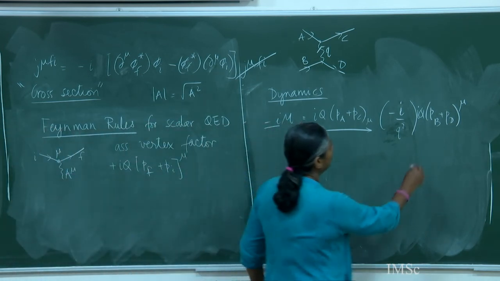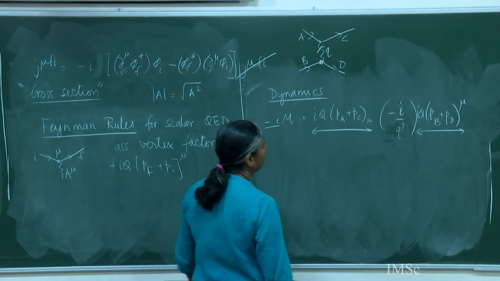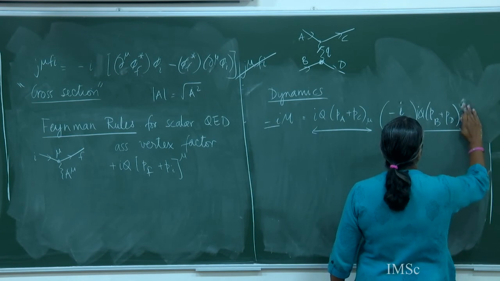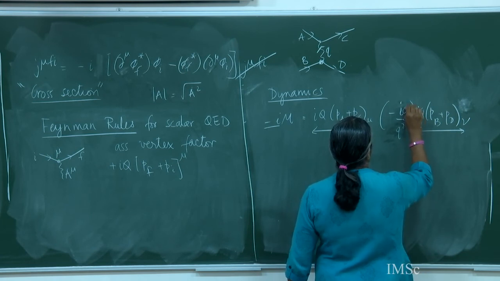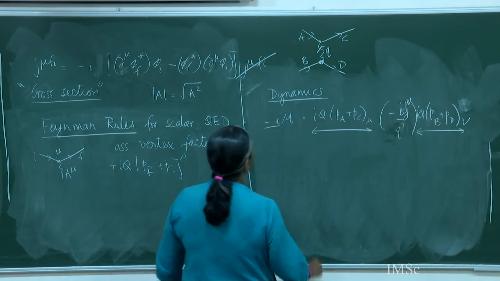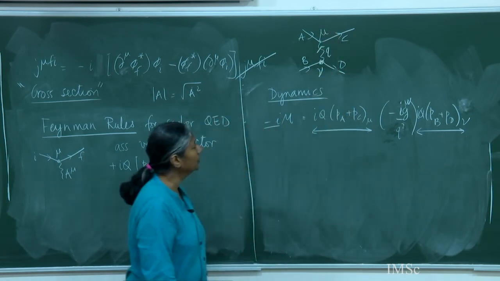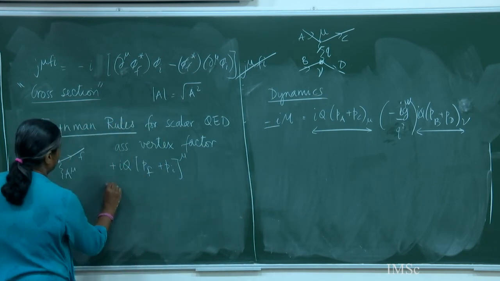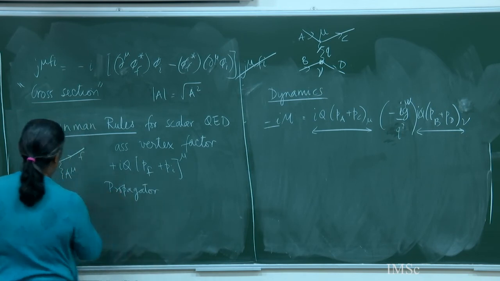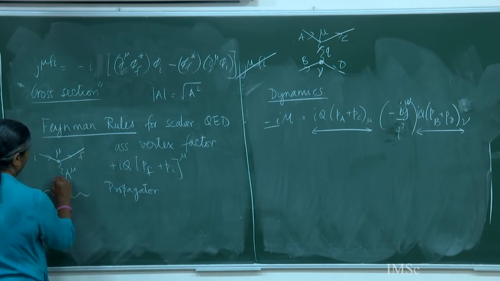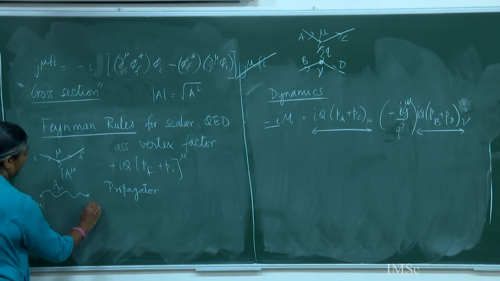This is the same quantity over here that we have identified at this vertex. Now in fact, to make it even clearer, I am going to call the AC vertex mu, and I am going to call the BD vertex nu, and I am going to call the propagator A mu, which goes from the point mu to the point nu.